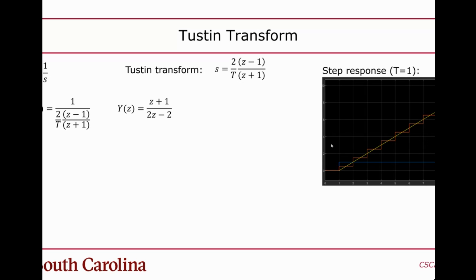Okay, so then I can take the 1 over S and plug in the Tustin transform, and of course you got to work it out and make it a polynomial ratio of 2 polynomials, which I did here, and I get Z plus 1 over 2Z minus 2. So this is the Z domain, essentially integrator, right?